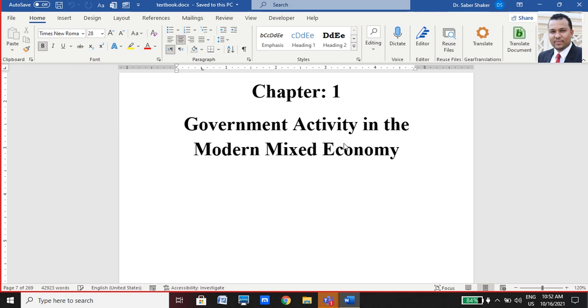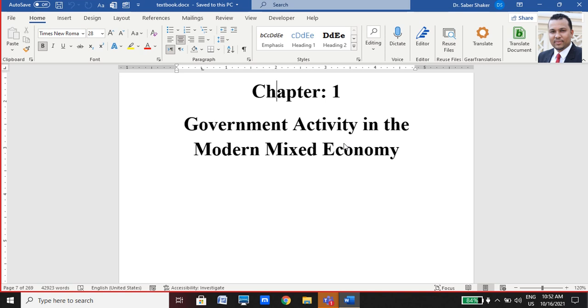What about the second form? We talk about the managed or central economic system. In this case, the key role is for the public sector or the government, but a limited role for the private sector.